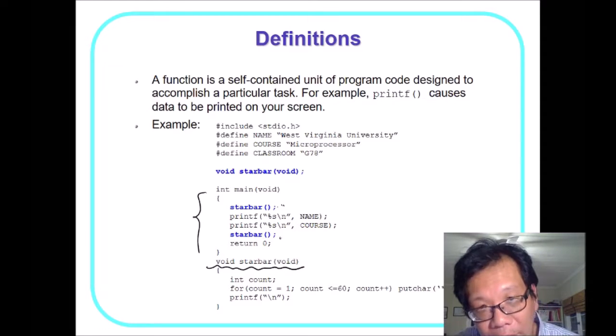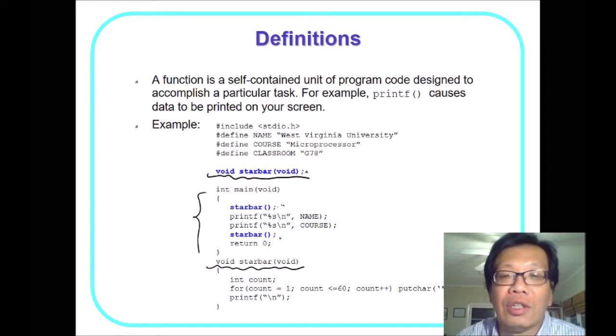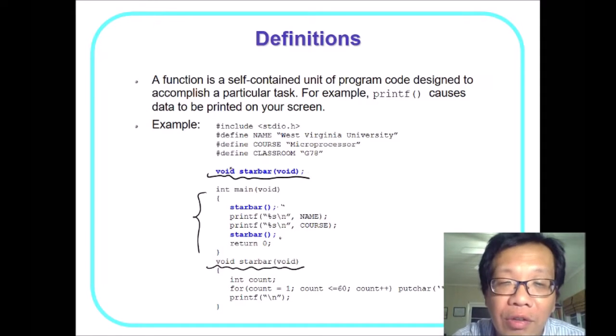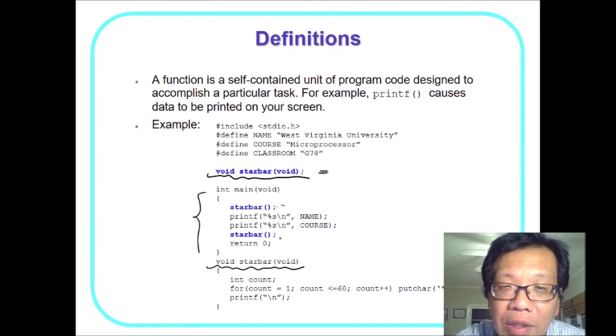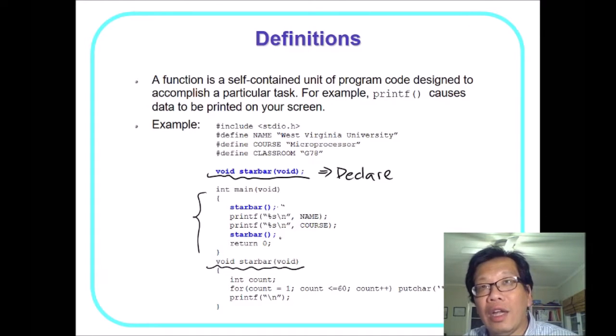We don't do that because we are doing that externally. So when we declare a function outside the main function, it means that all the subroutines within this C code can use this specific function.